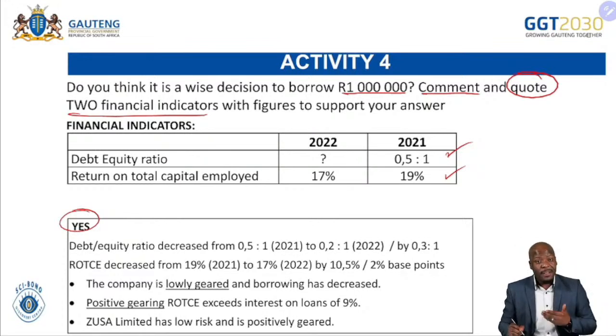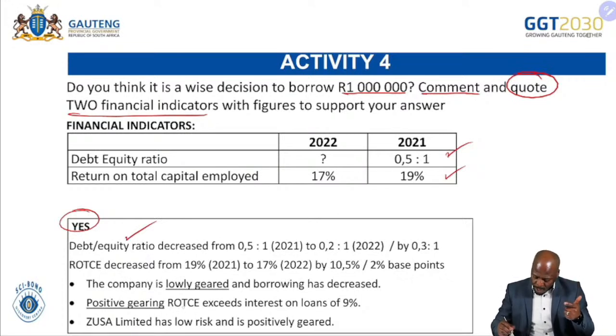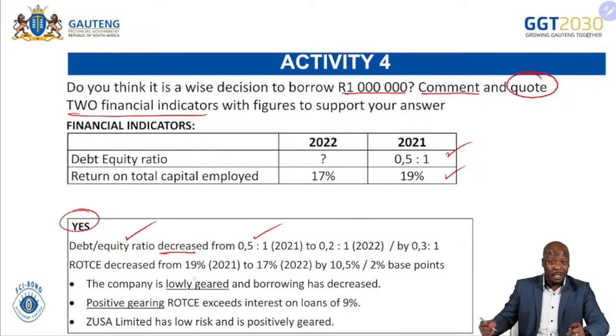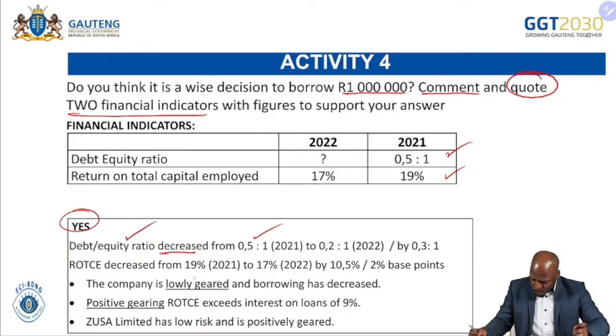No, then give us the support. Remember, in the support, we need the financial indicator, that is the name, in this case, debt equity ratio, with figures, and then we also need to see the trend. Is it increasing or decreasing in your commenting? And then you will pick up some marks.